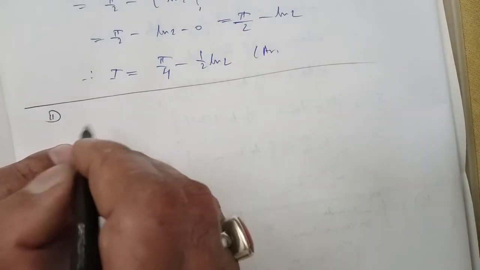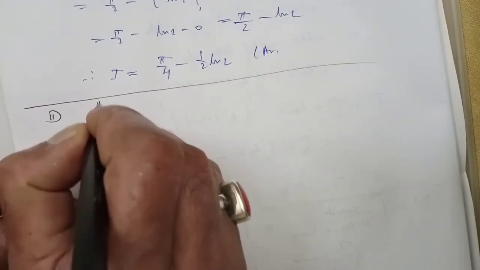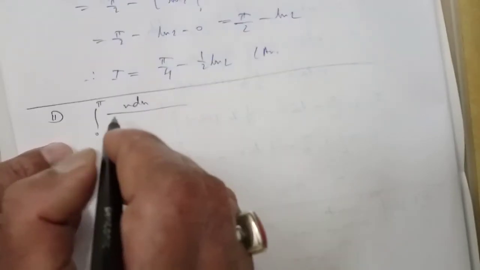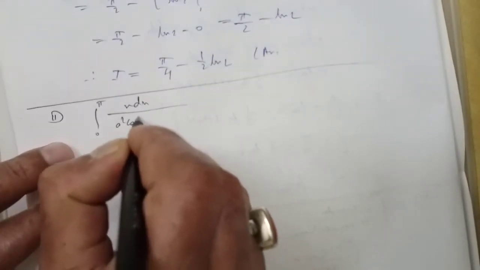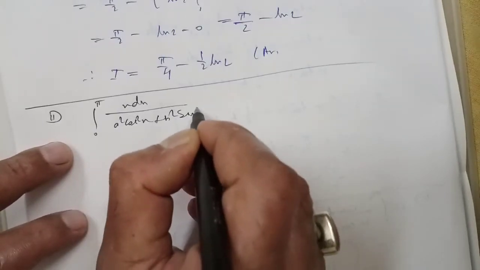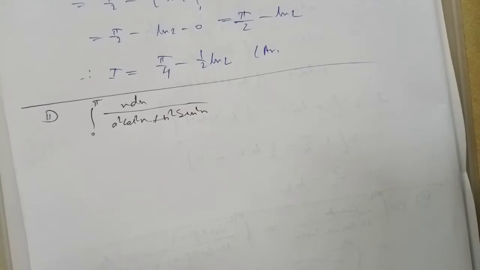The problem is integration 0 to pi x dx by a square cos square x plus b square sin square x. First apply the fourth property.